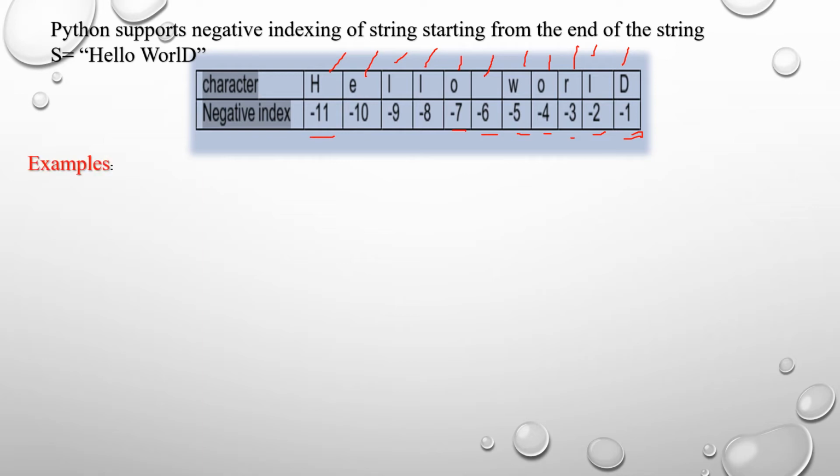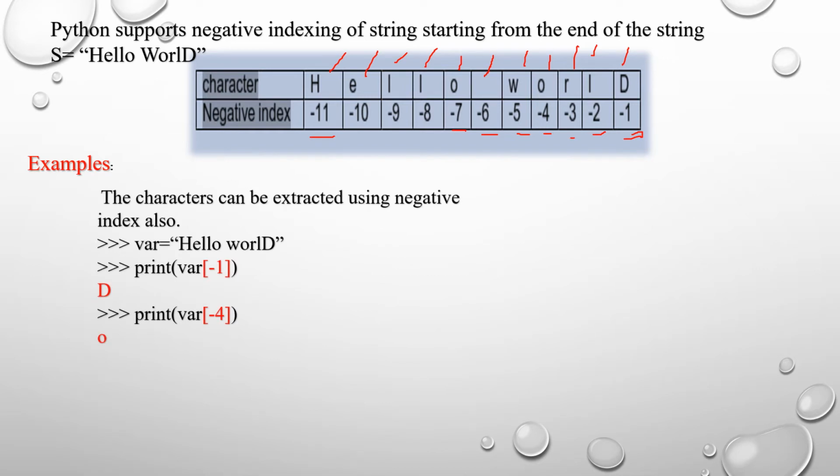So let's consider one specific example. Here the characters can be extracted by using a negative index also. Let's consider var is equal to "hello world".